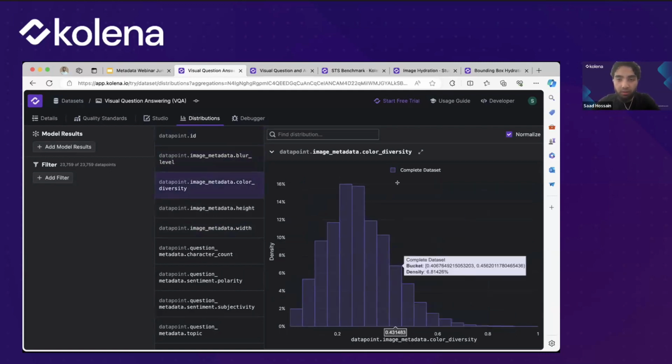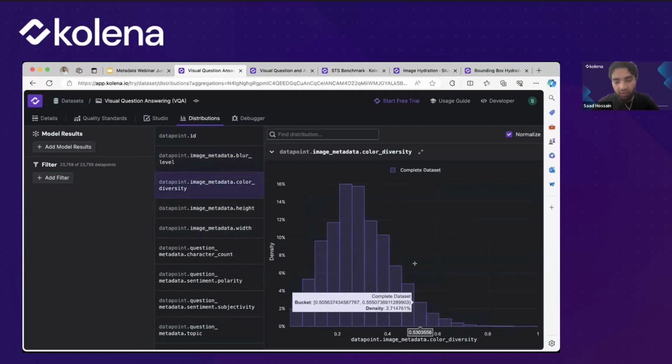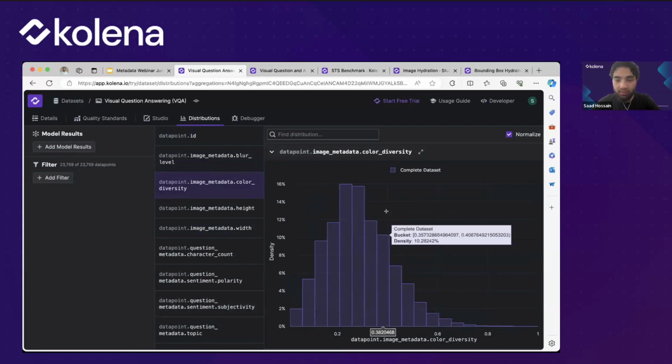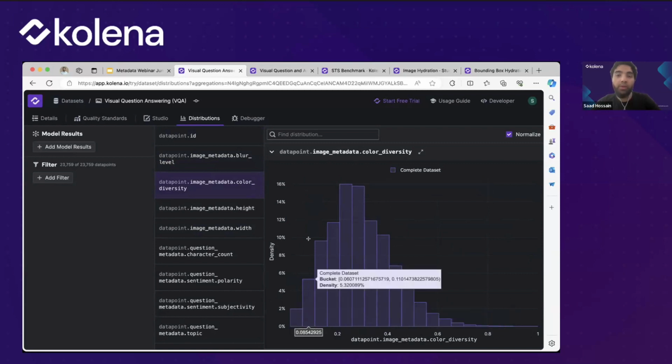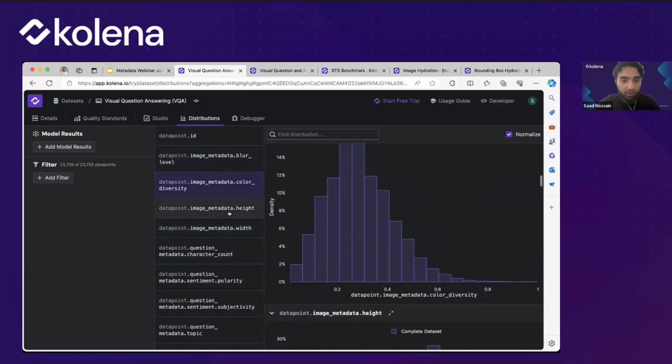If we look at color diversity, it's distributed quite nicely. It's a nice bell curve, or normally distributed property, so we know that we have good diversity or variance in the color in this specific property.